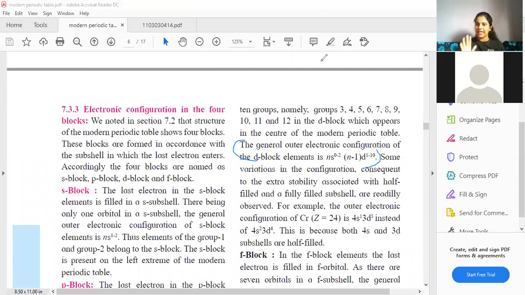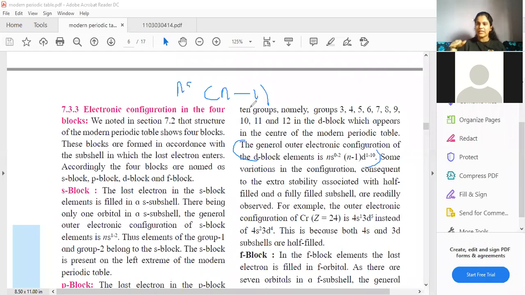Now see, students, D block, obviously your D orbital is filled after S orbital. So we will have ns. We will have (n-1)d. Yes or no? Because in the fourth period, first 4s is filled, then 3d is filled. Similarly, it is going to happen ahead as well.